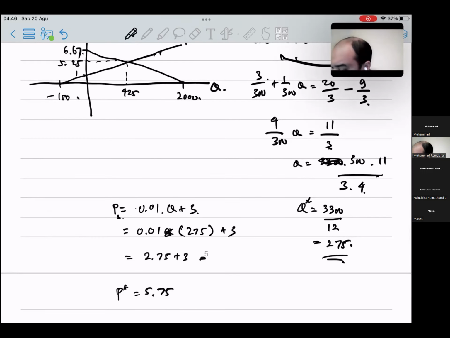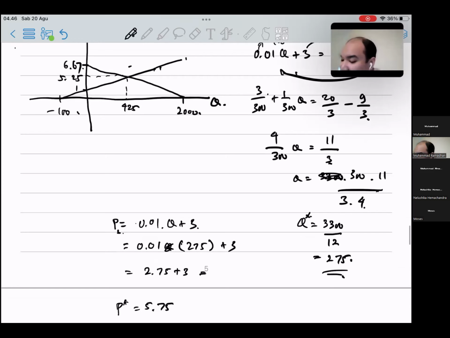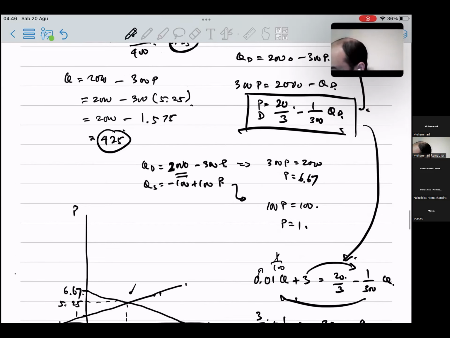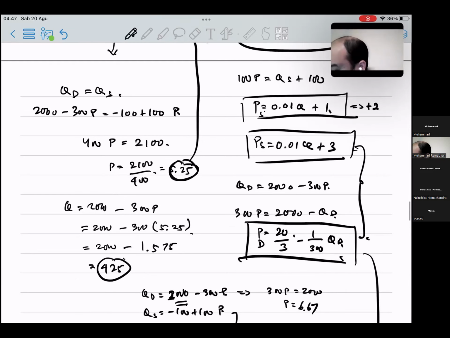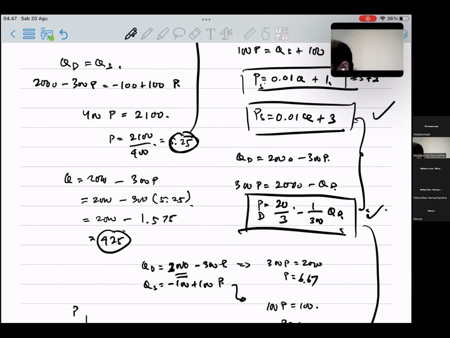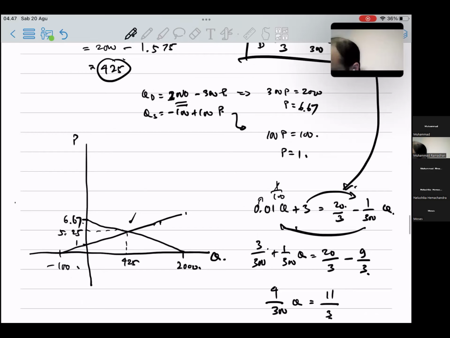So you can draw the new equation and the new graph here. Firstly, for the supply function and the supply curve, if Q equals 0, P is equal to 3. So 3 is here, something like that.